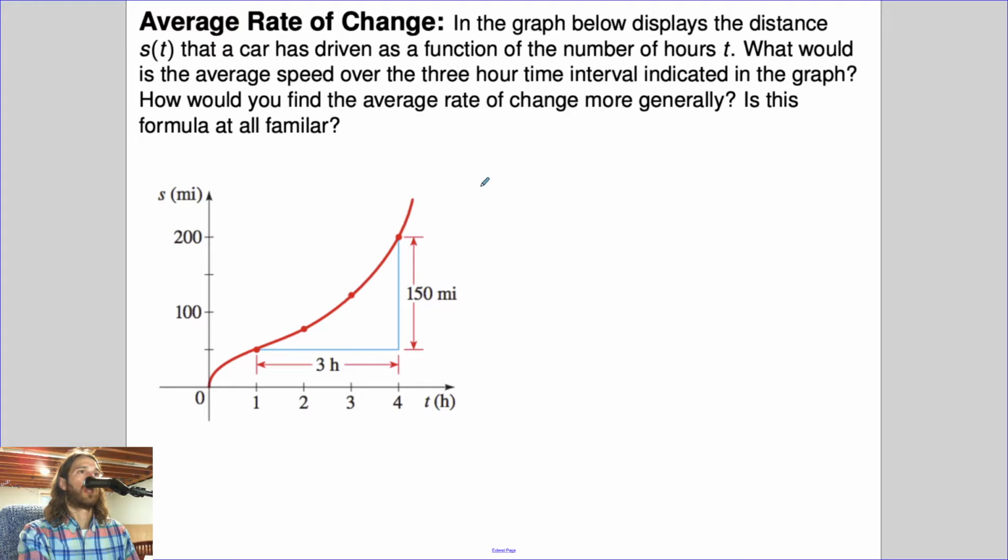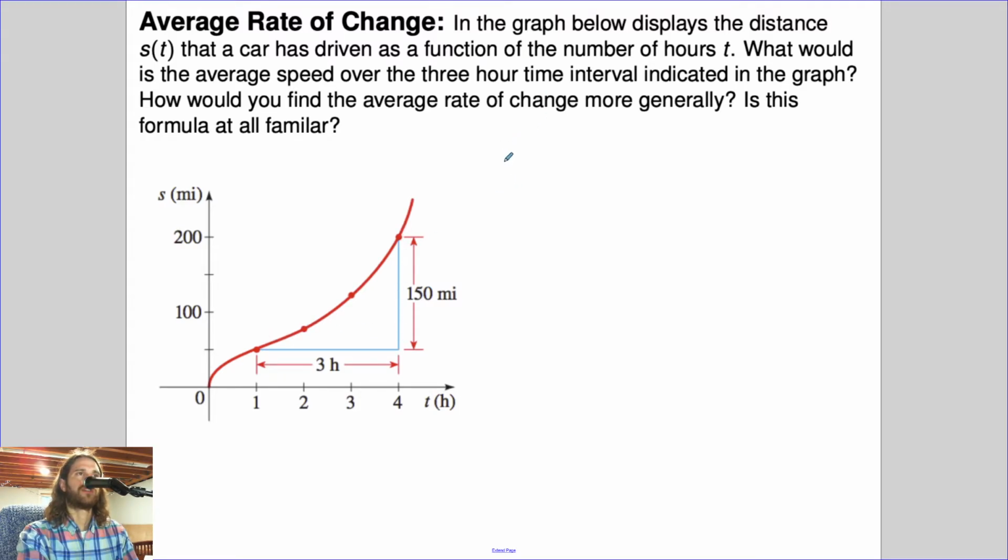Oops. Okay, if you want to talk about how things are changing, you look at the big picture, right? We'd say, how is this car changing? How is its distance, the distance that it's driven, how is that changing? It turns out that the car has driven 150 miles over that 3-hour period.